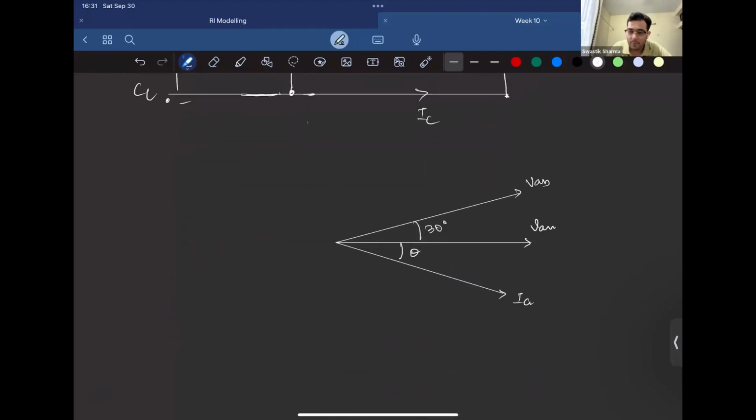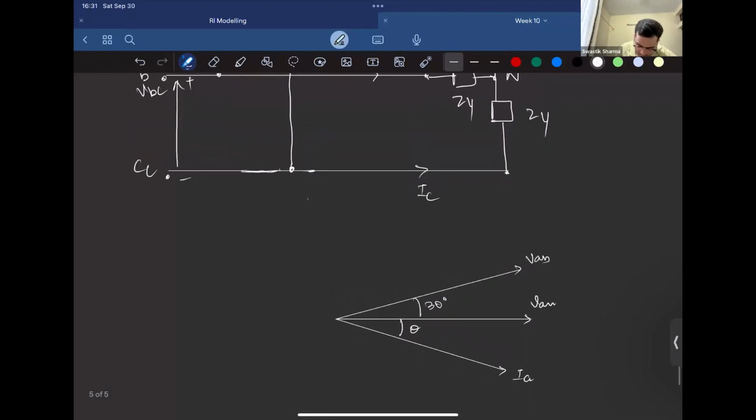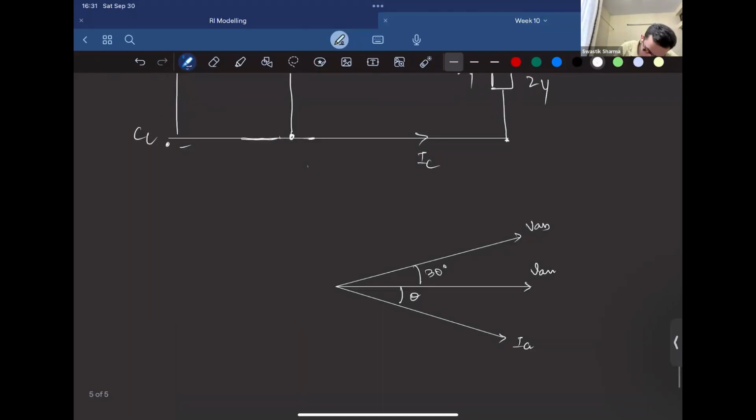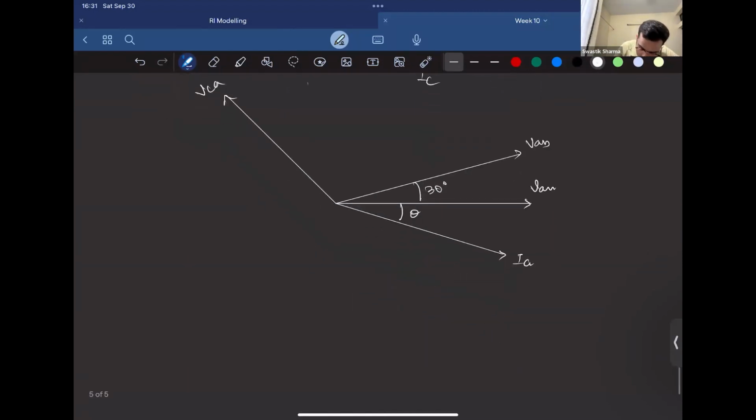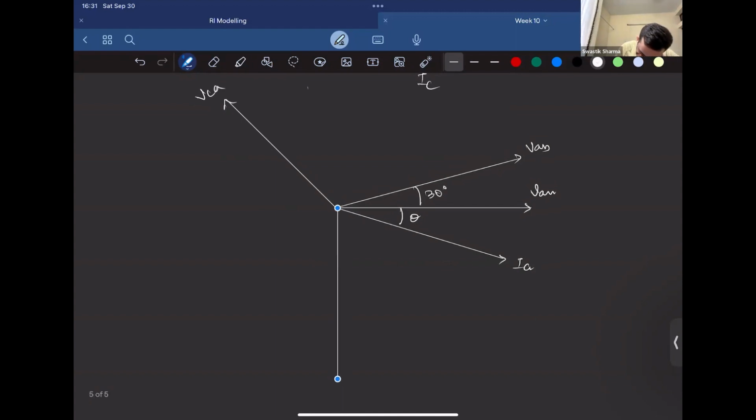Now what we are required to find is the phasor angle difference between IA and VBA. Sorry, VBC. So if VAB is like this, then VCA leads it by 120 degrees and VBC lags it by 120 degrees.